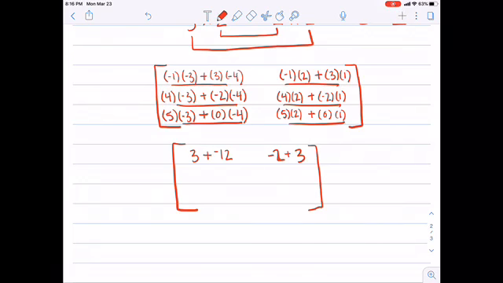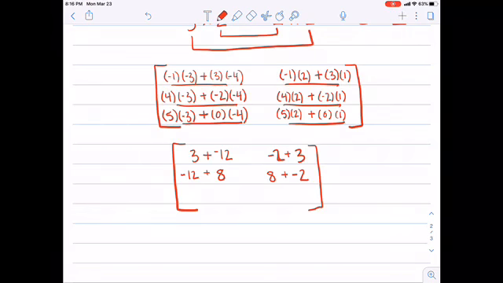Okay, second row, I have 4 times negative 3, which is negative 12, plus negative 2 times negative 4 is positive 8. And in my second column, 4 times 2 is 8, plus negative 2 times 1 is negative 2.